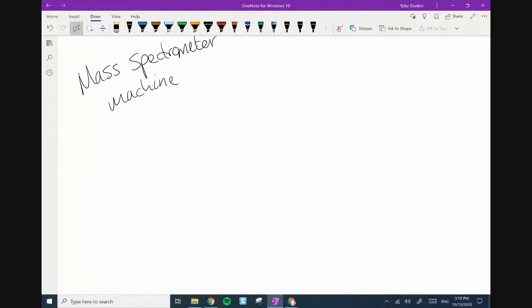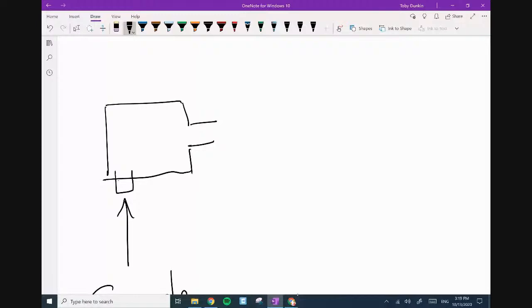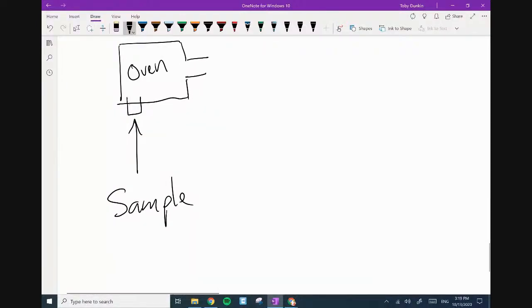The machine is very, very straightforward. It looks like this. Number one, the sample is being injected here, and this piece of the machine is called the oven. What the oven does is very straightforward.